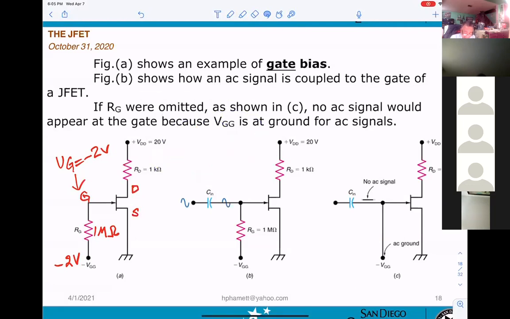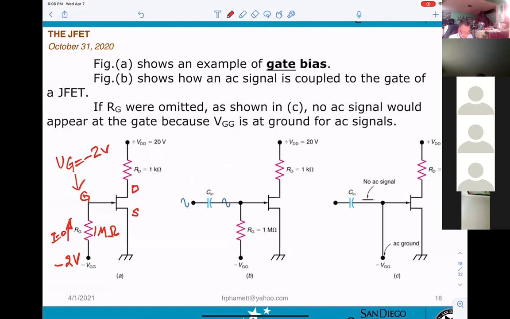Now, in here, VGG is minus 2 volts, and I say VG equals minus 2 volts. The reason is the current flowing here, I, will be equal to 0. The resistance is supposed to be too big, so no current can flow through.